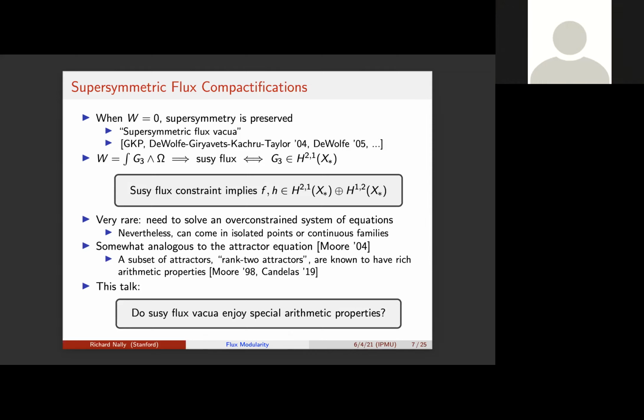Okay. Just for confirmation, I have a question. When you say the Hodge structure is a restricted Hodge structure, does it correspond to having a rational Hodge substructure? Yeah, the answer is yes.